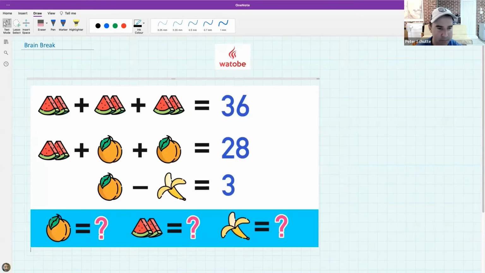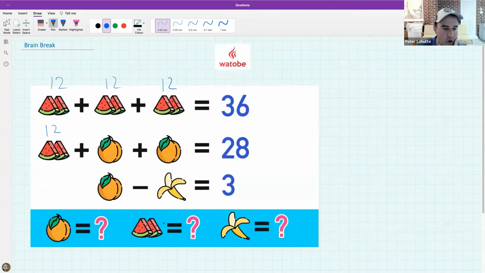Okay, so I see some people are saying, Amakle is saying a peach is 8. So it might be time to solve this. I see 3 groups of watermelons. I think each group of 2 watermelons must be 12.